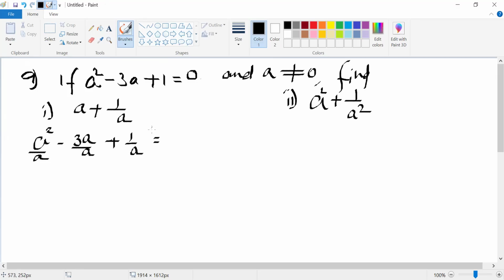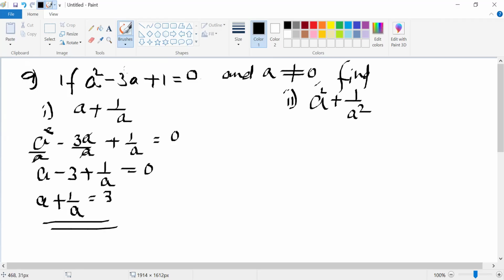So here a square by a, one a will get cut, so this will become a. Here both the a will get cancelled and here 1 by a. So this will become a minus 3 plus 1 by a equals 0. Let us arrange them: a plus 1 by a. This minus 3 send other side, so it will become 0 plus 3, which is equal to 3. So we got a plus 1 by a.